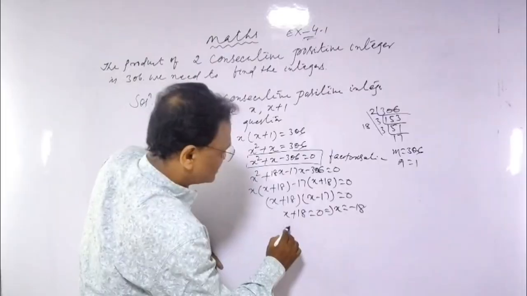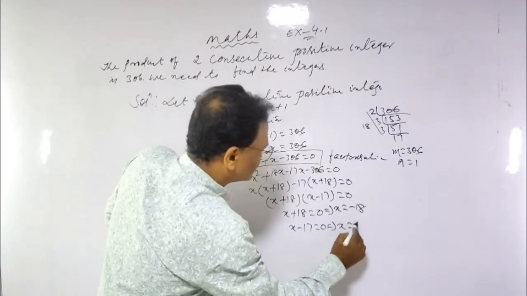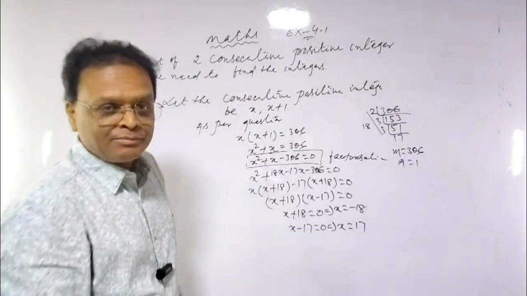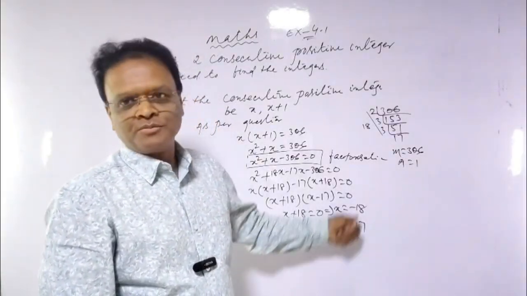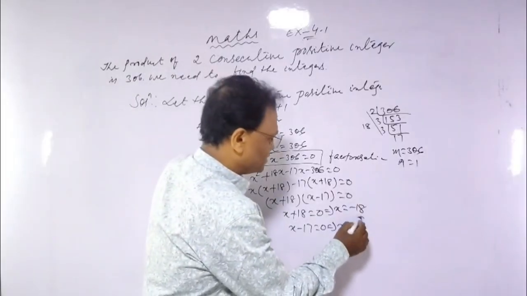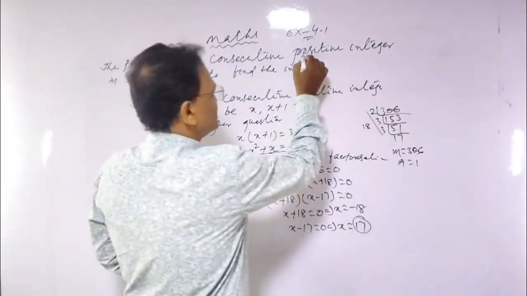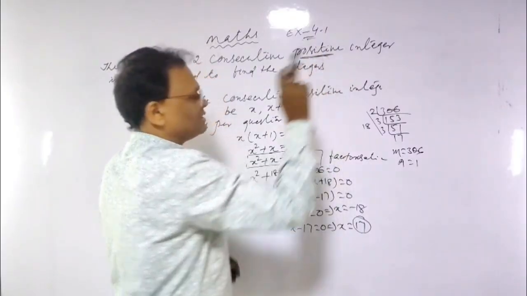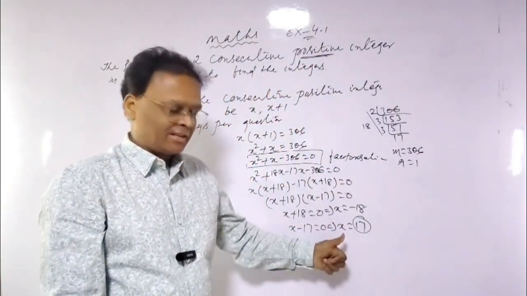If x minus 17 is equal to 0, x will definitely be 17. But I have to select one of the two. Why not minus 18? Because it's given in the question it's a positive integer, not negative. So the positive integer is 17.